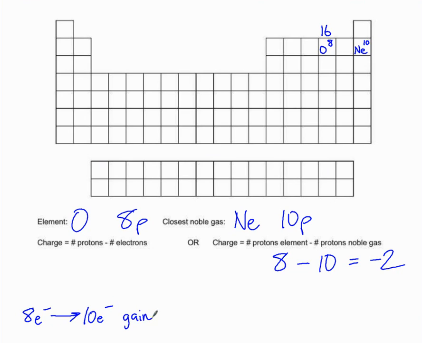It has gained 2 electrons. 2 electrons gained means -2 charge. In terms of the electrons and protons over here, oxygen has its 8 protons. Its ion has 10 electrons. 8 minus 10 is -2. And group 16 elements will all have a -2 charge.